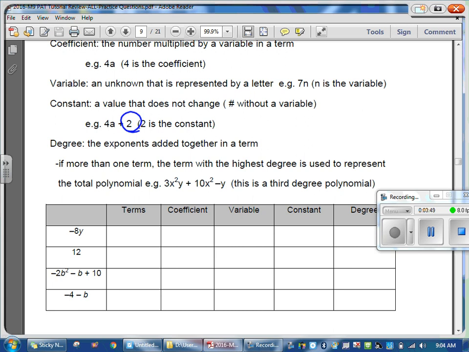Now the degree. The degree means all the exponents added together for one term, not for every term. Okay, so for one term. So, if there's more than one term, the term with the highest degree is used to represent the polynomial. So, if you've got the example here, 3x squared y, there's a given 1 on that y.